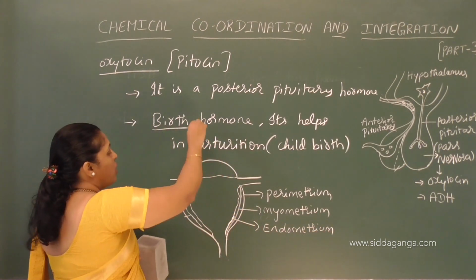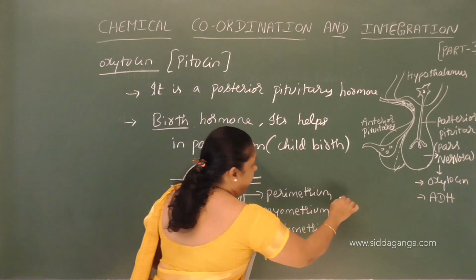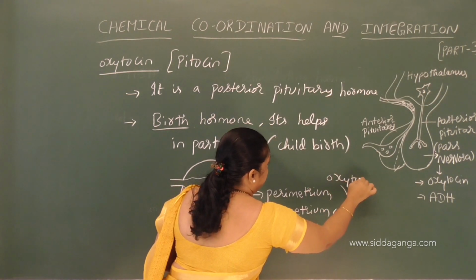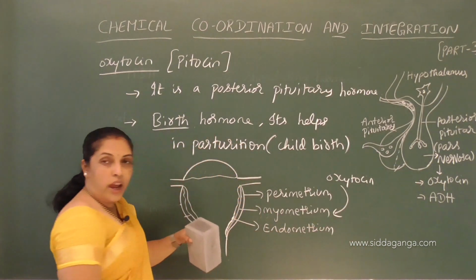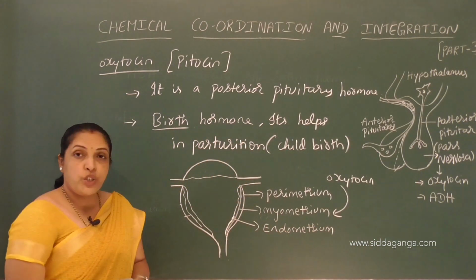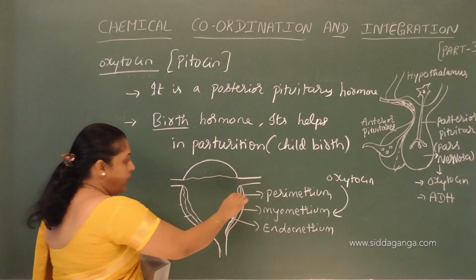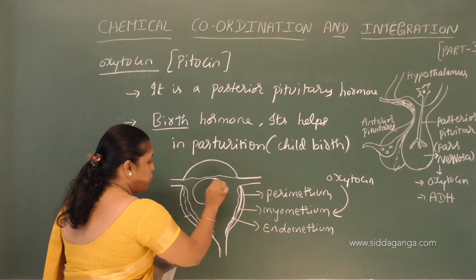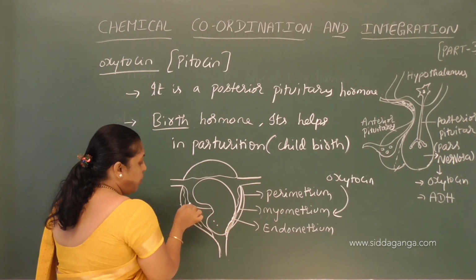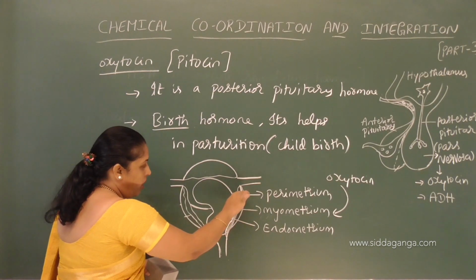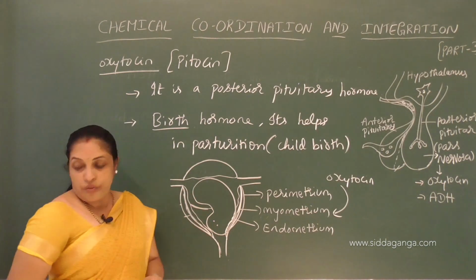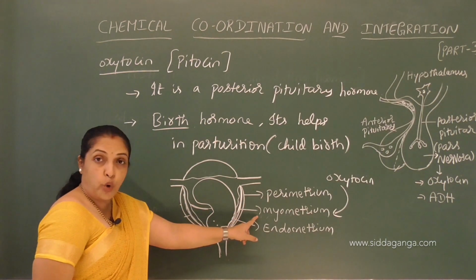So this oxytocin acts on the myometrium. Oxytocin acts on the myometrium of the uterus, and what will it do? It leads to strong, vigorous contraction of uterine muscles. It acts on the middle layer of the uterus, that is myometrium.